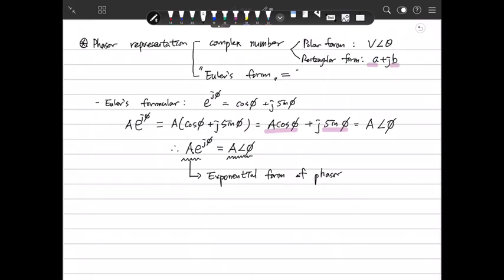So another name here is exponential form. In this case it is V exponential j theta, in this manner. This form represents the same thing.